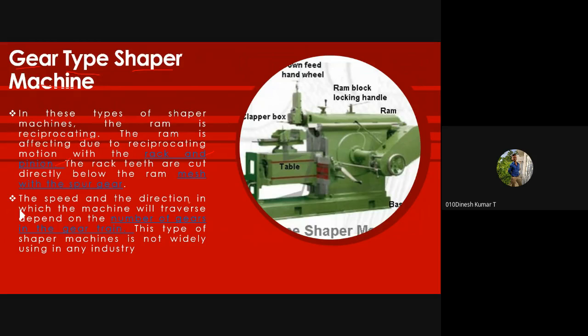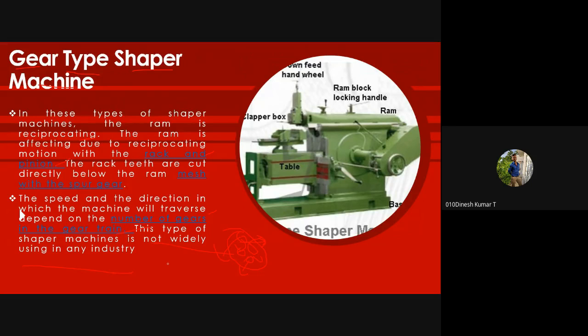The speed and direction depend on the number of gears in the gear train. When the number of gears is adjusted, the speed can increase; when there are fewer gears, the speed is decreased. This is a setup in the gear type shaper machine. This type of shaper machine is not widely used in industry.